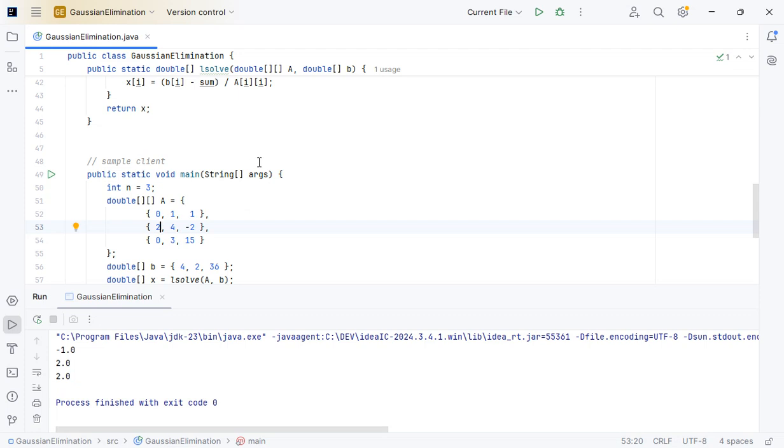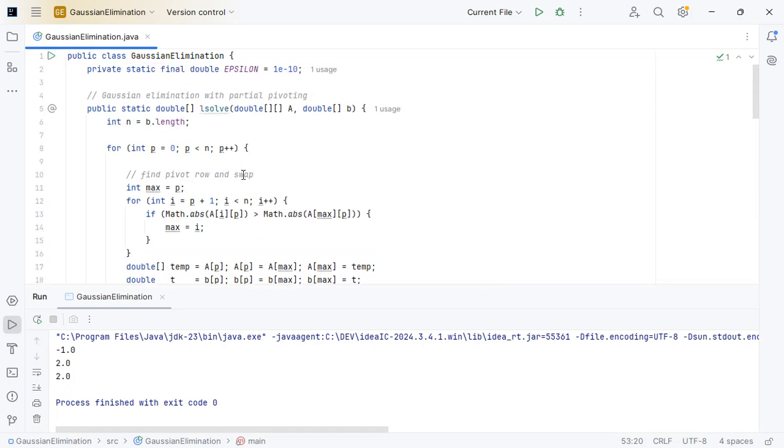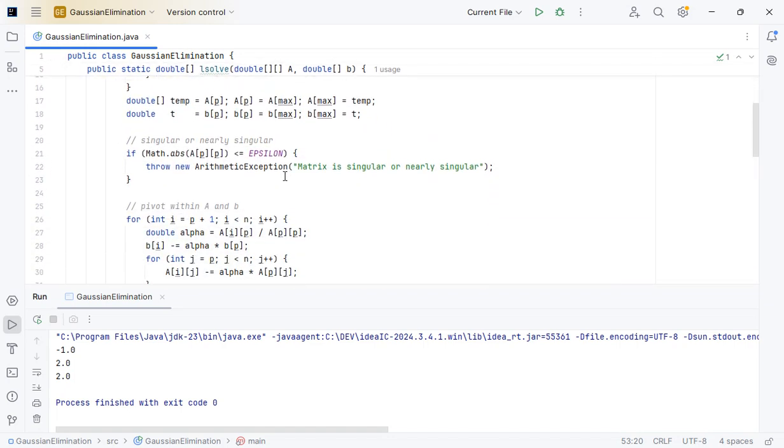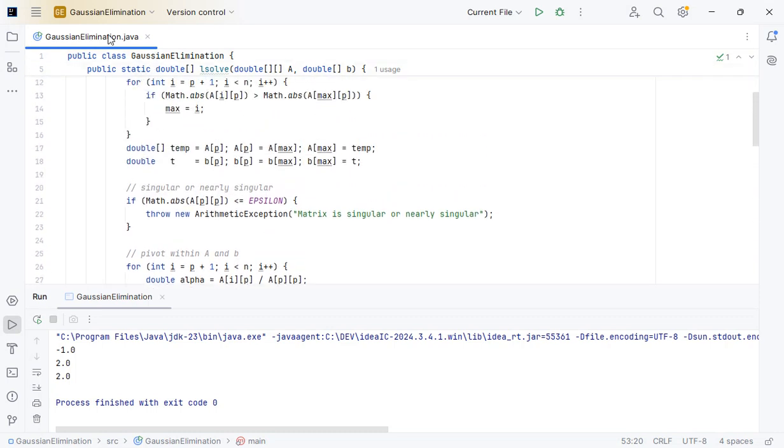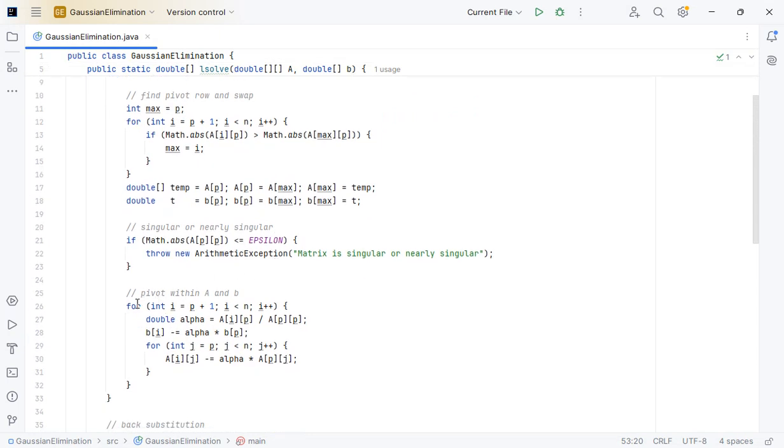Now let us understand the next thing. So here you can see this is the matrix singular or nearly singular, and if I just open it again like that. So what is this, one next thing. What do we do here? So we have done it.